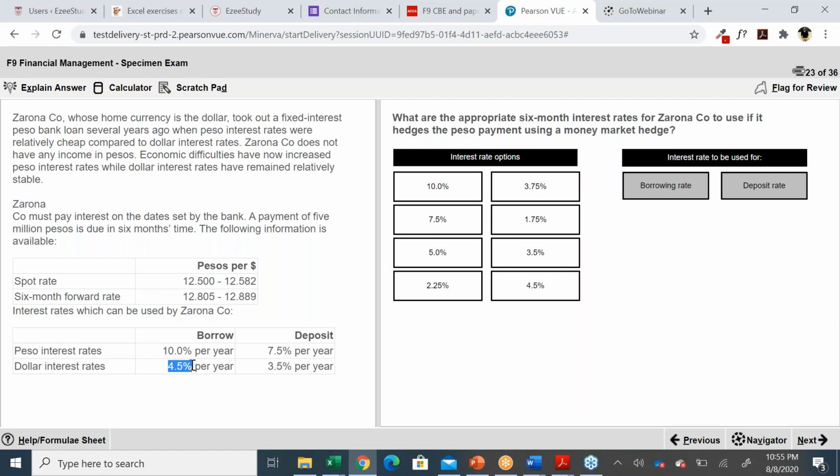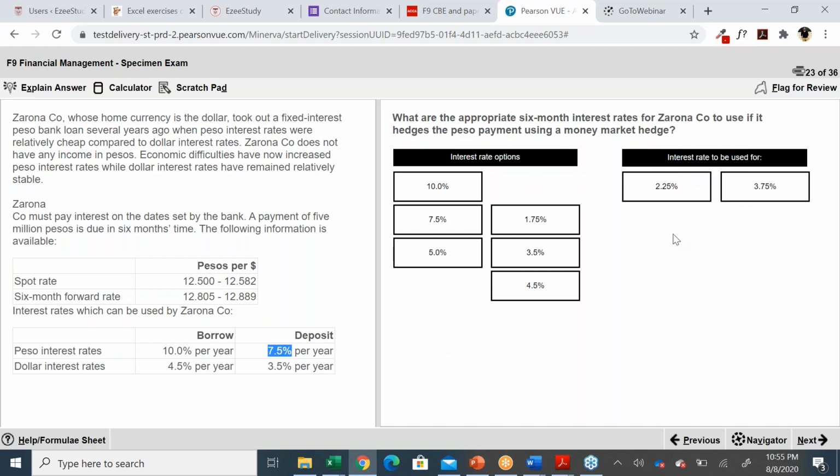So we have to divide it by 2 because we need it for a 6 month period. So it should be 2.25%. So 2.25% will be the borrowing rate, and the deposit rate should be for the foreign currency, and that is 7.5%. We should be dividing it by 2, so it should be 3.75%. So these should be the rates.